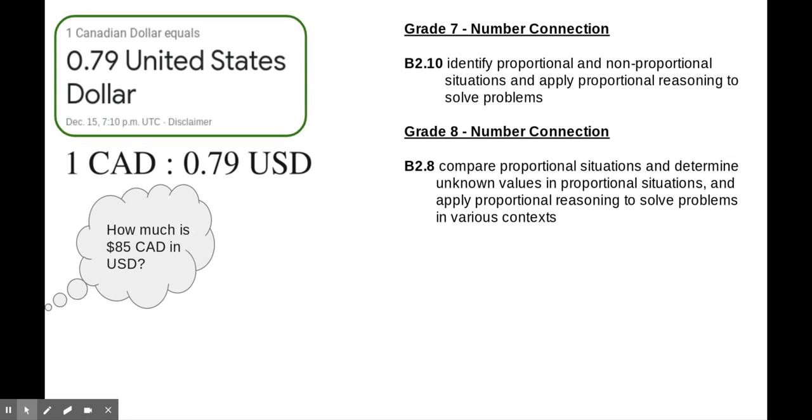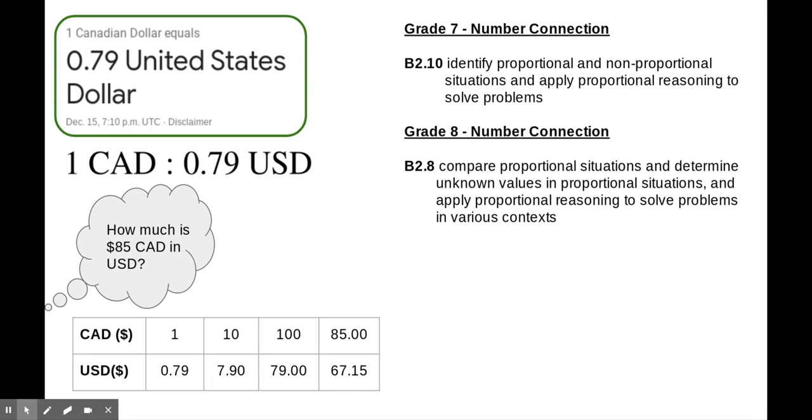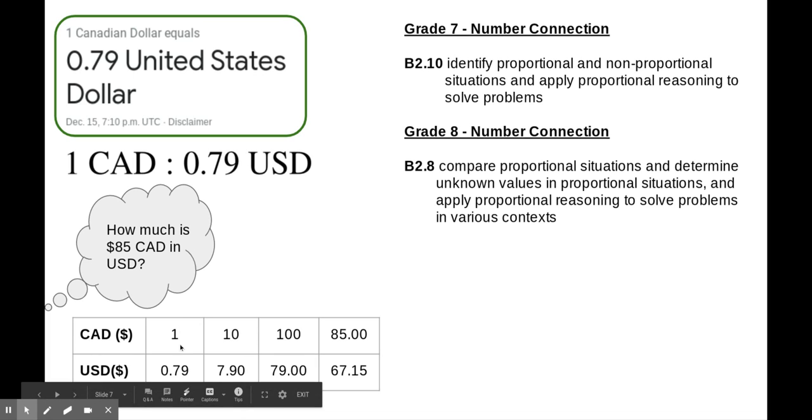So how might they do that? This can be written as a ratio, can be written as a fraction. So as they're thinking about doing a conversion, how much is $85 Canadian in US dollars? One way to do that is to think about writing equivalent ratios or equivalent fractions and figuring out that conversion. So this is a ratio table here showing 1 Canadian dollar is 0.79 US dollars.